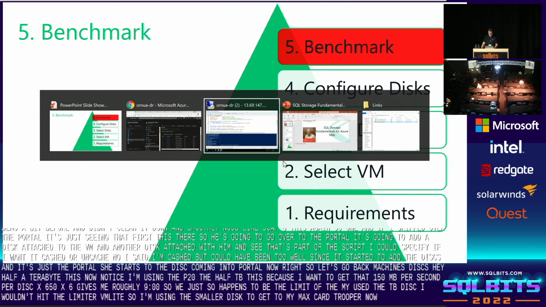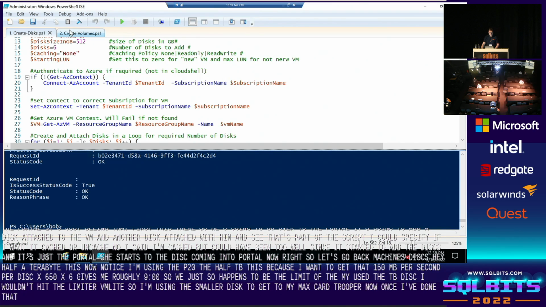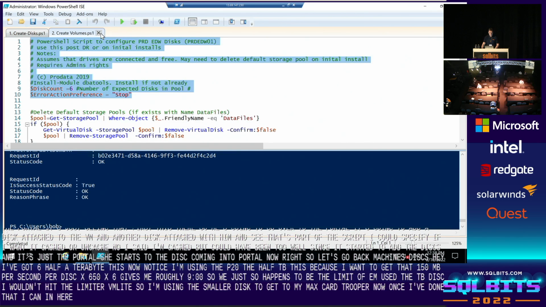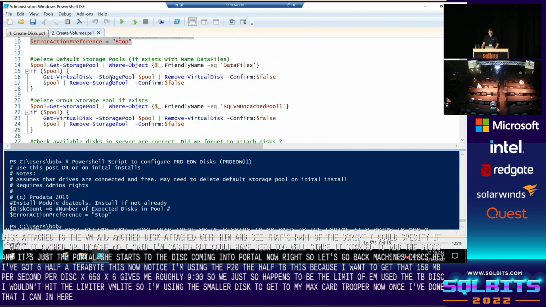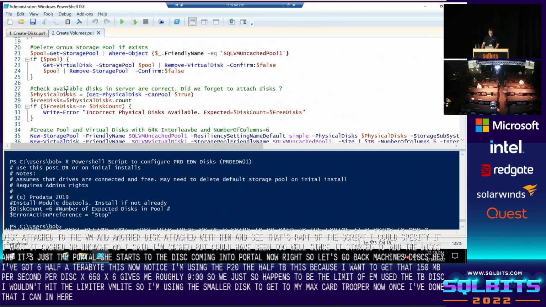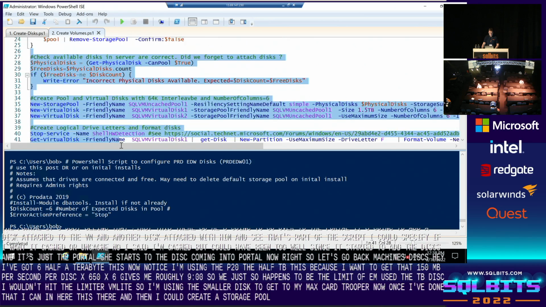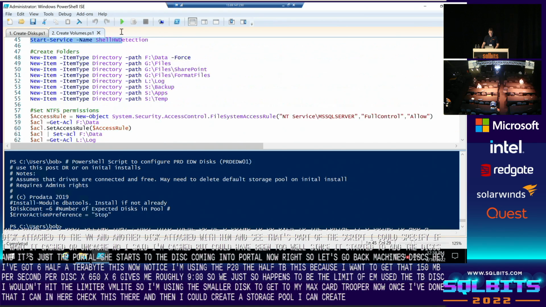Now, once I've done that, I can run this script here, check disks are there, and then I can create a storage pool. I can create logical drives on those pools.